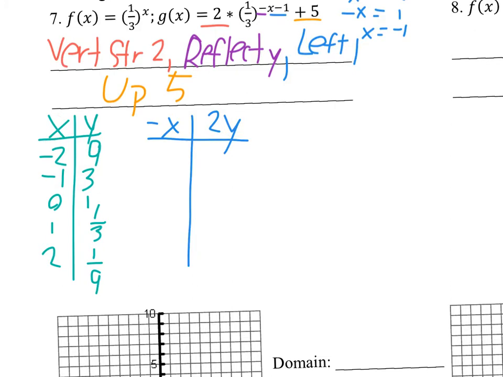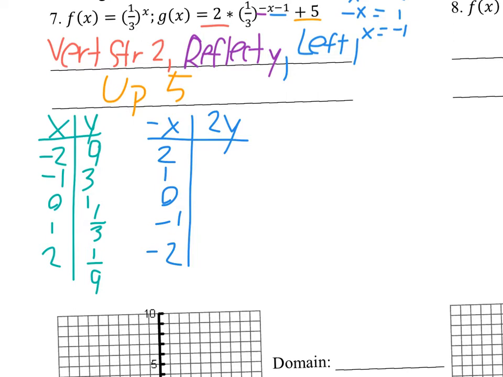Our 2y is going to be twice whatever this was. So, -2 times -1, 2. -1 times -1, 1. 0 times -1, 0. 1 times -1, -1. 2 times -1, -2.